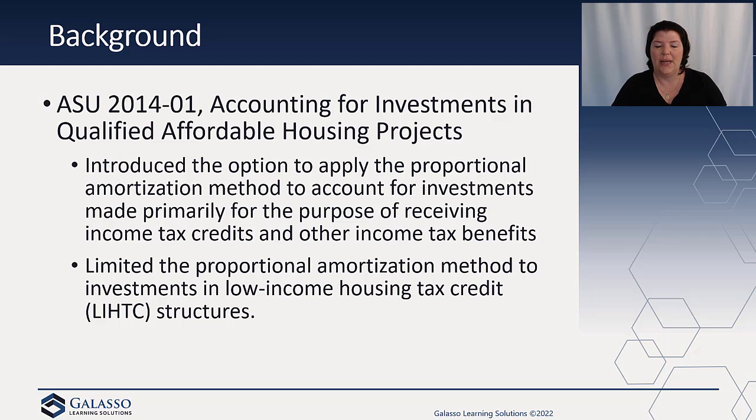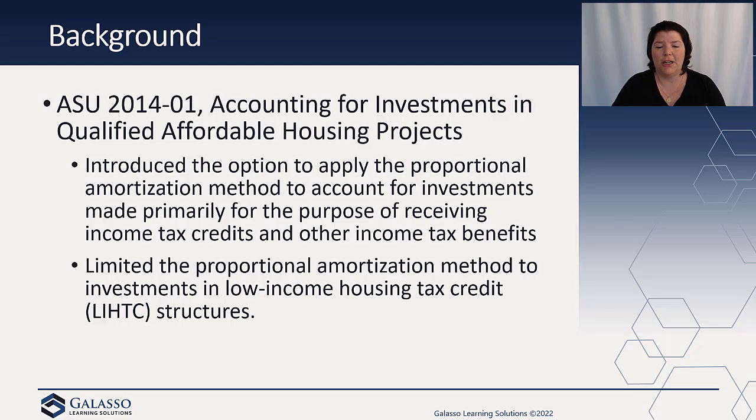So you don't get to offset that income tax expense or benefit, and you're not getting the same timing. Now, ASU 2014-01, importantly, was limited to using this method, the proportional amortization method, to low-income housing tax credit structures. So it was very targeted in terms of the relief.